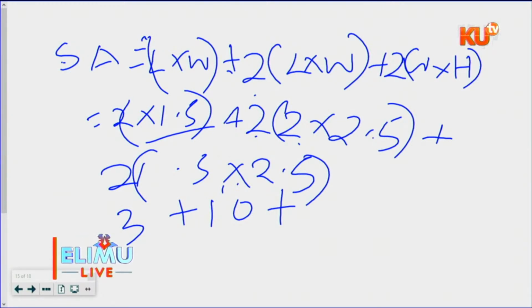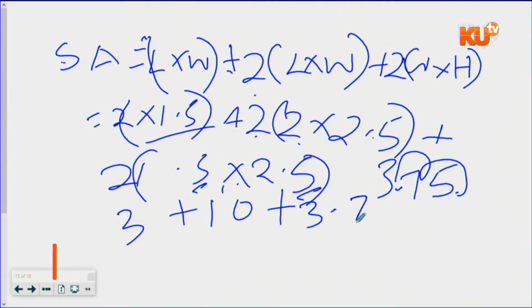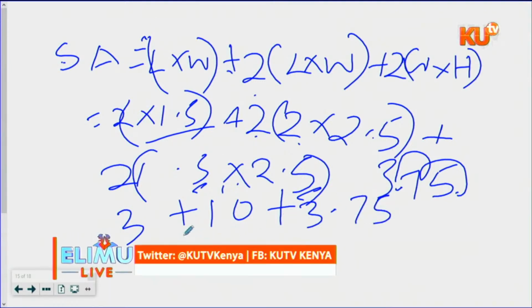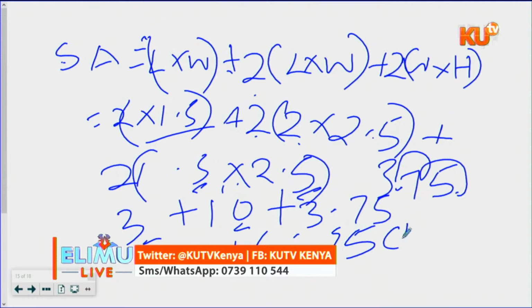So you multiply 15 times 25, which is 375. How many decimal places? 1, 2. You insert from the right, so we have 3.75. When we add these, 3 plus 10 is 13, then 13 plus 3.75 will be 16.75 square centimeters.